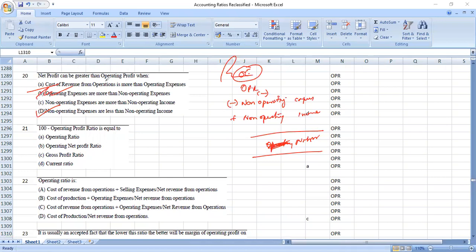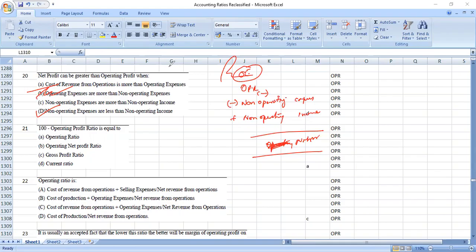When non-operating income is more, the number that gets added to operating profit is more compared to the number that is getting reduced from it, and therefore that is the case when net profit will be greater than operating profit.